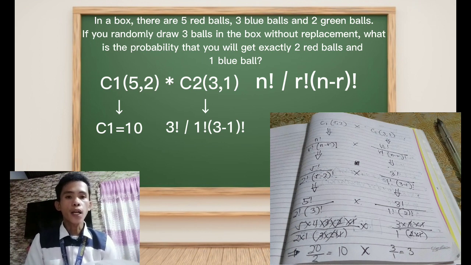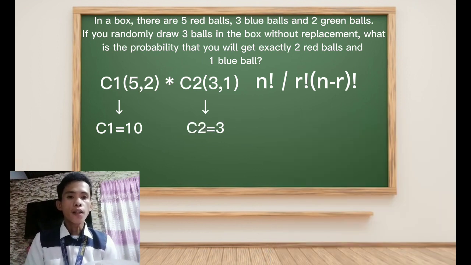At this point, we can cancel out the 2 times 1 in the denominator against our numerator. So ang natira na lang is 3 over 1. 3 divided by 1 is equal to 3. So ngayon, meron na tayong combination 1 and combination 2. Now, let's multiply all combinations. So 10 times 3 is equal to 30. 30 is our favorable outcomes.